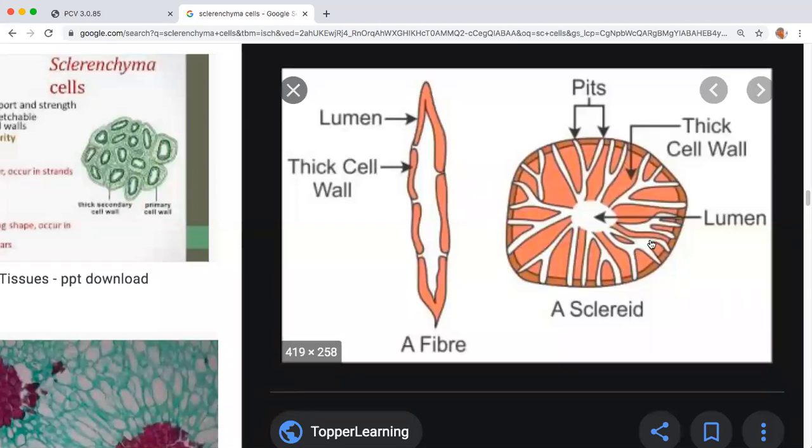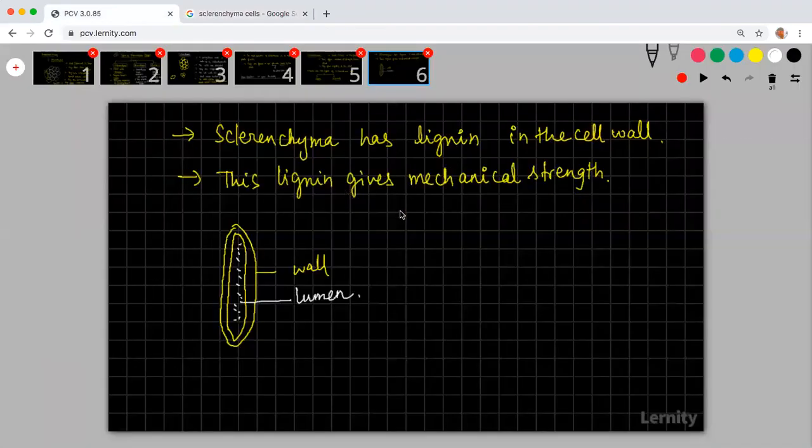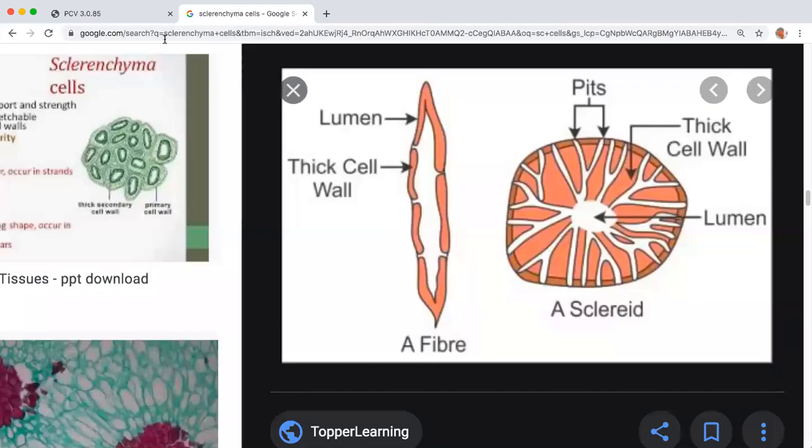Sclerite is oval or spherical, and it will have a thick lumen in the center. So if you're going to talk about sclerites, they will have a thick wall outside, in which you will have the structure.